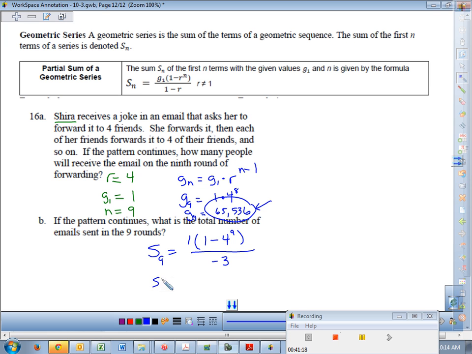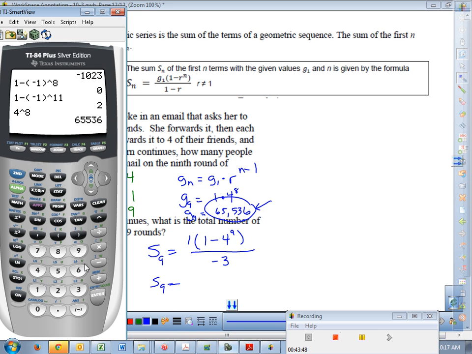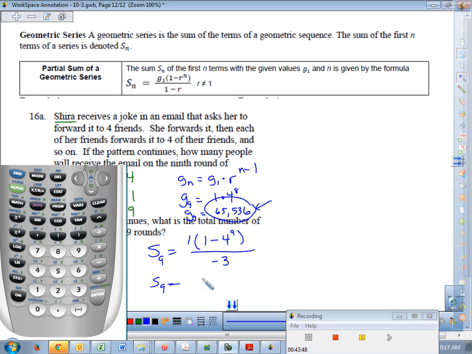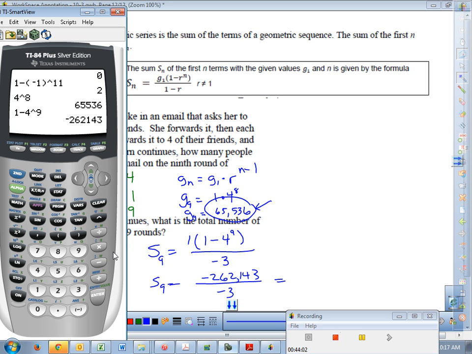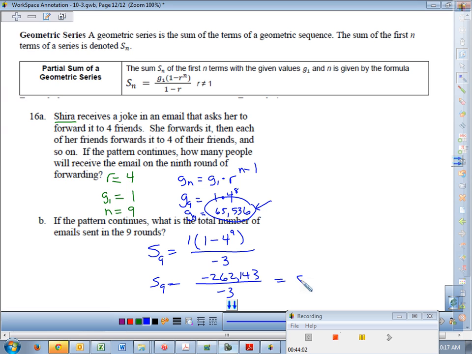So that would be 1 minus 4 to the 9th, 262,143, divided by negative 3. I hope it's a positive number, right? How many total people got it? 87,381.